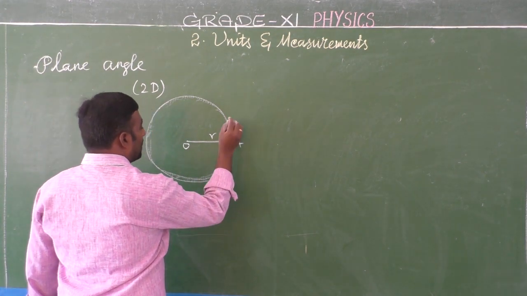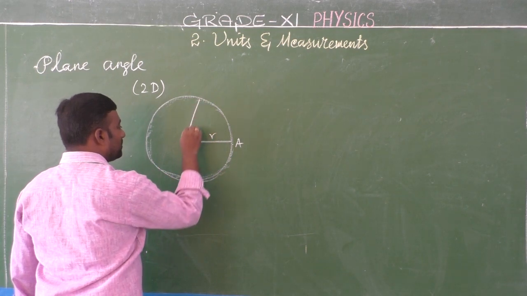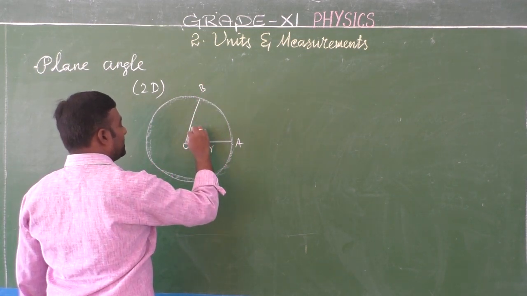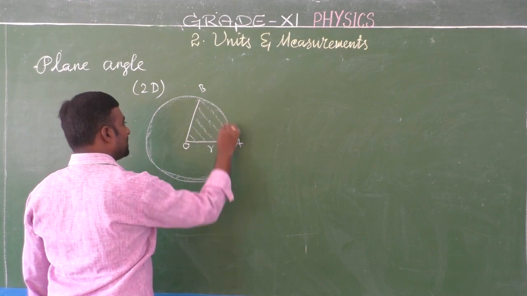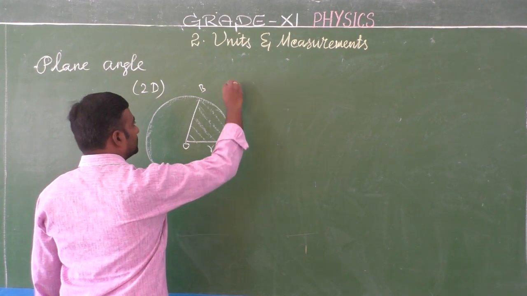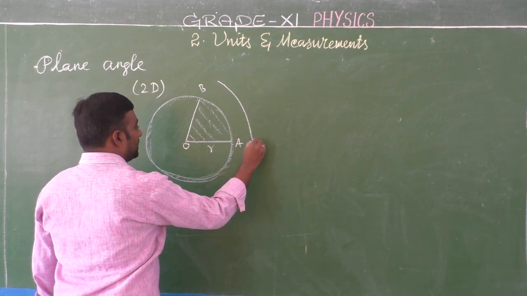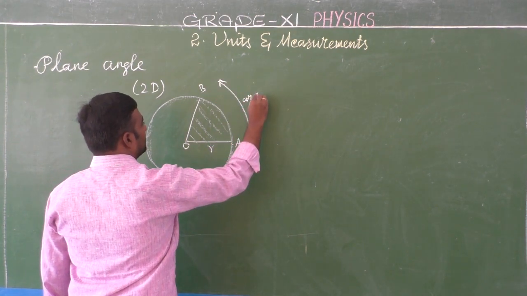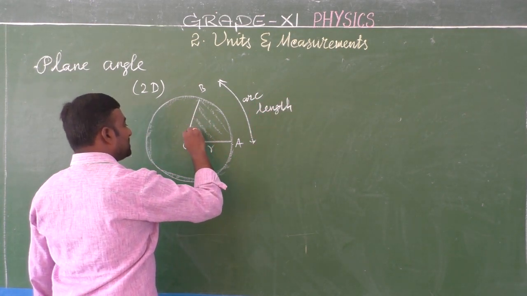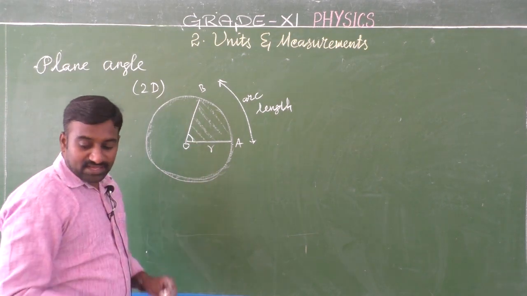We'll take a small piece from A to B. This shaded portion is a small arc. In this arc, AB gives the arc length, and this arc length creates an angle. That angle is theta.